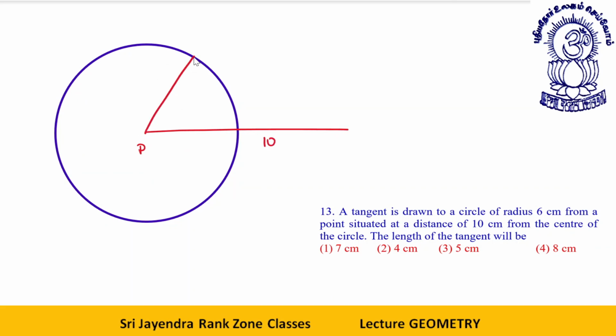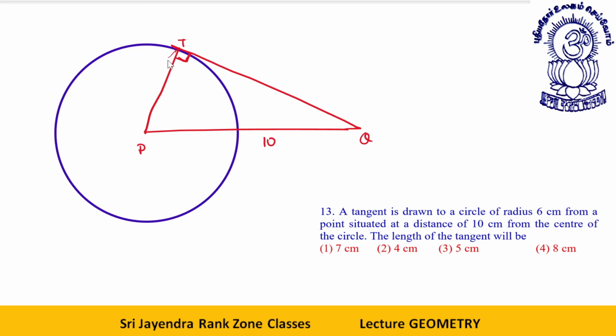This is the radius. Let's say I draw a tangent like this. This is the point T. This is the point Q. This angle is 90 degree.